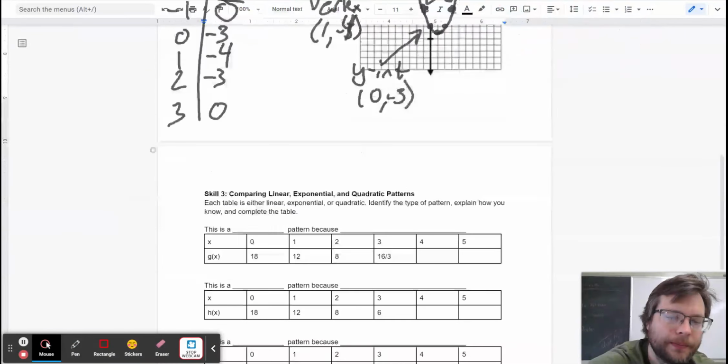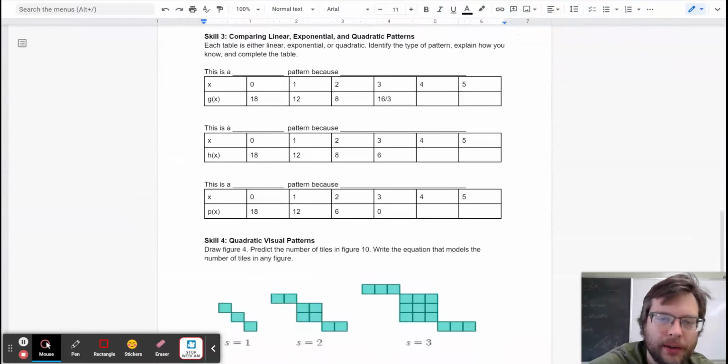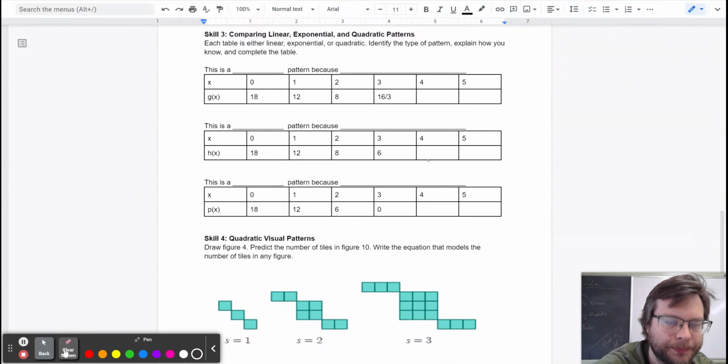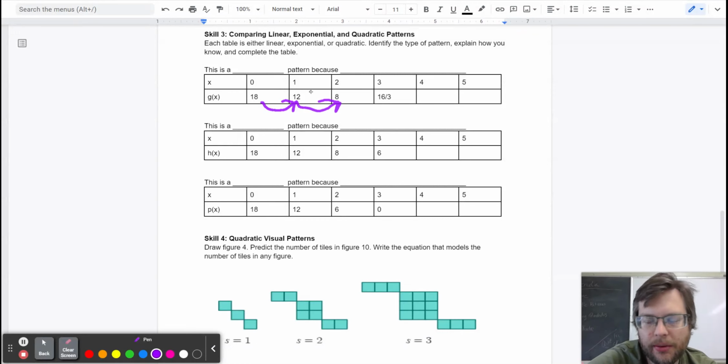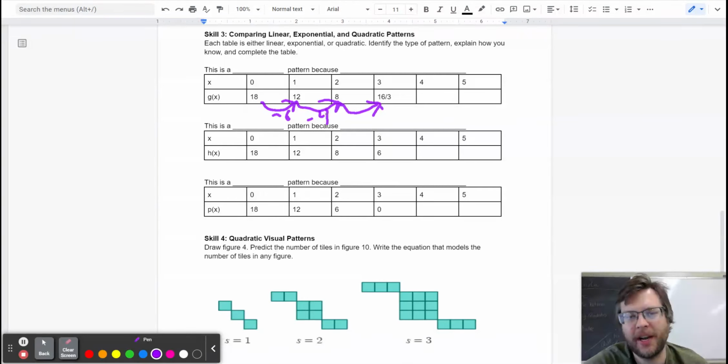Moving on down. Skill number 3, comparing linear, exponential, and quadratic. Table number 1 goes down by 6, and then it goes down by 4. So I know it's not linear. And then it goes down by a fraction. If it went minus 6 and minus 4, if it was quadratic, the next number would be minus 2.